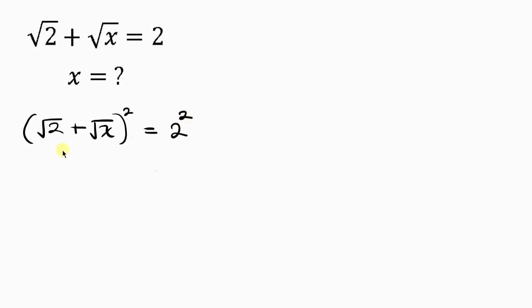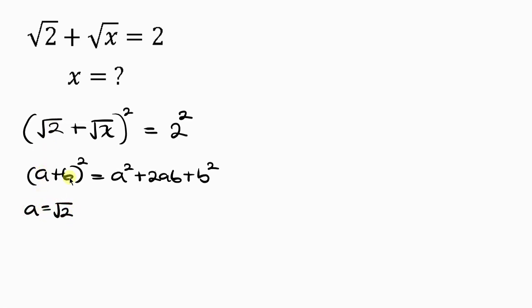Now the left-hand side is of the form a plus b all squared, and this simplifies into a squared plus 2ab plus b squared. So looking at this, you see that a is in the form of the square root of 2 and b is in the form of the square root of x. So let's expand this like this.